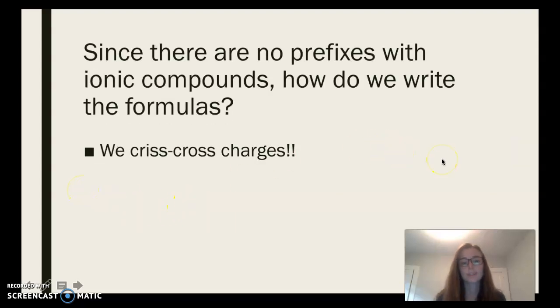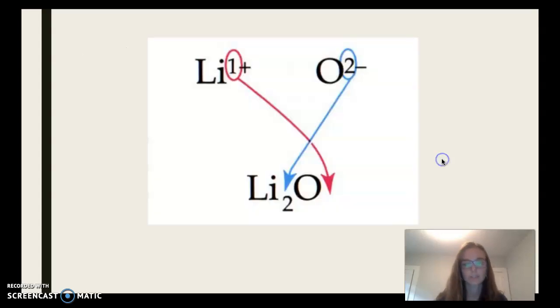Since there are no prefixes, how would we write the formula? How would we know how many of each element we need in the compound? What we do is we crisscross the charges. So here we see lithium will have what's called a +1 charge, and oxygen will have a -2 charge. A charged atom is called an ion.